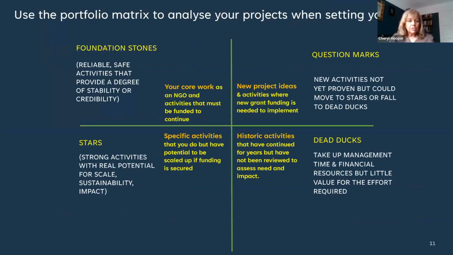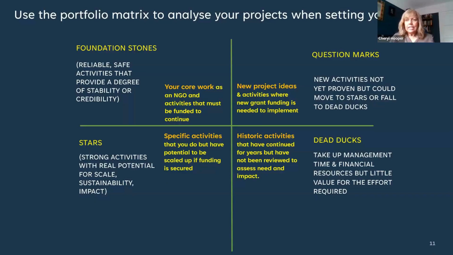So it's always good practice to review your projects when setting a budget and your fundraising target each year. So this gives a chance for you to check if your income is covering the necessary costs and including some things that perhaps if you looked at more thoroughly in terms of your projects, you may find that they're taking up staff time and resources, but not necessarily providing the impact.